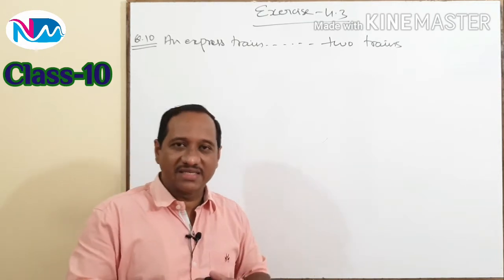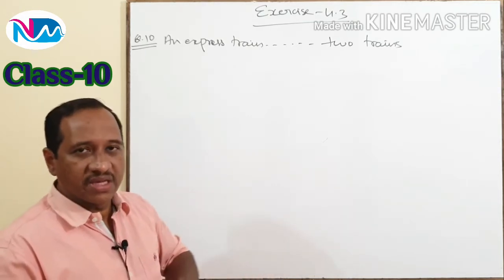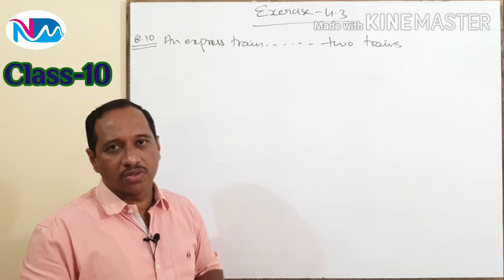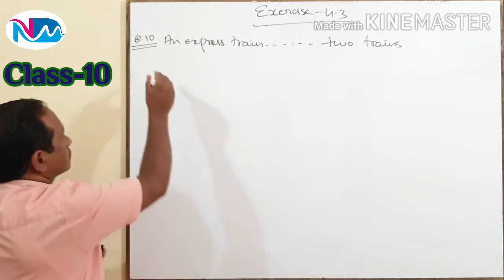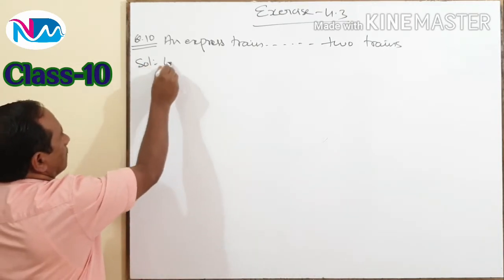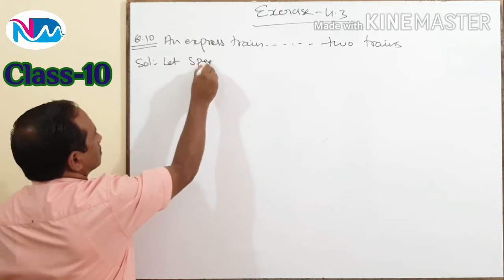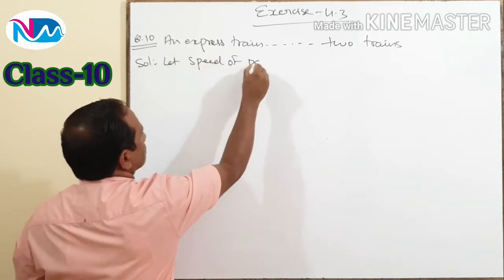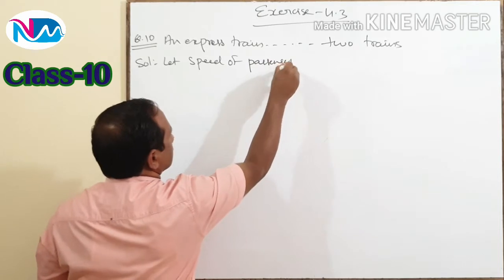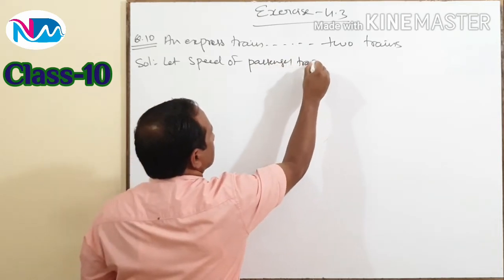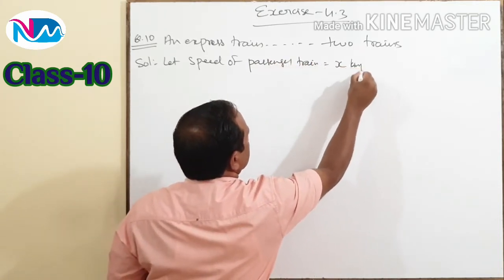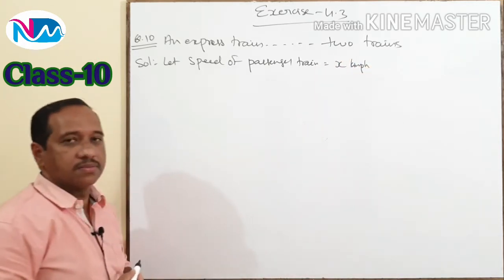So let us assume that the speed of the passenger train is equal to x. Let speed of passenger train be x km per hour.